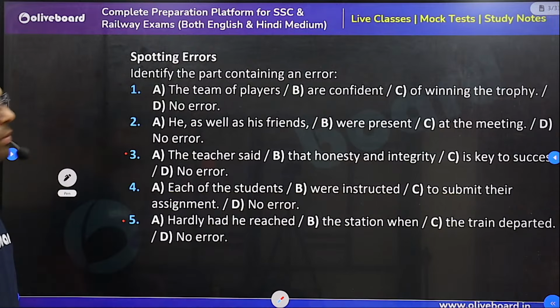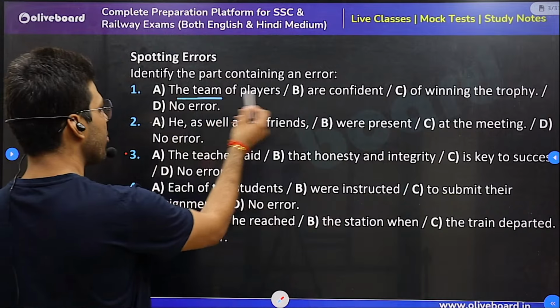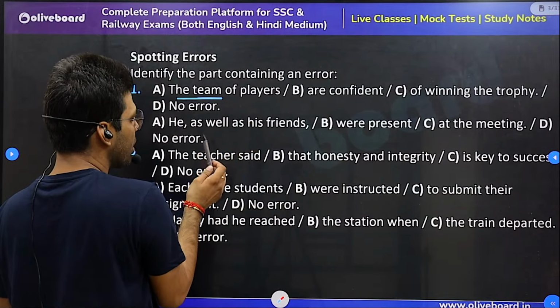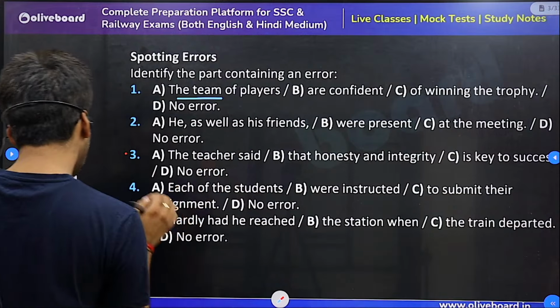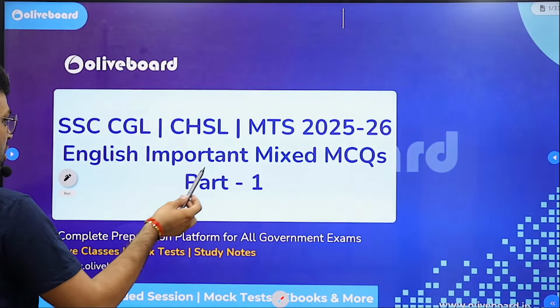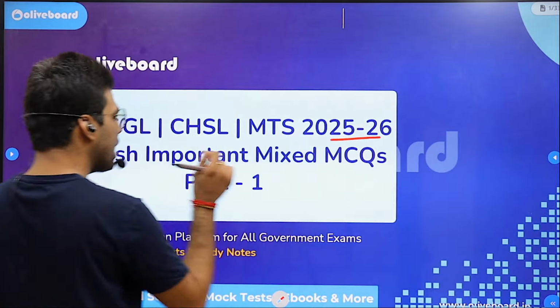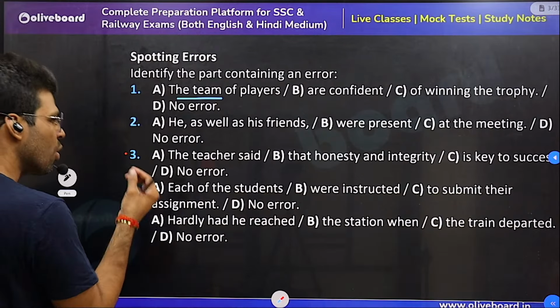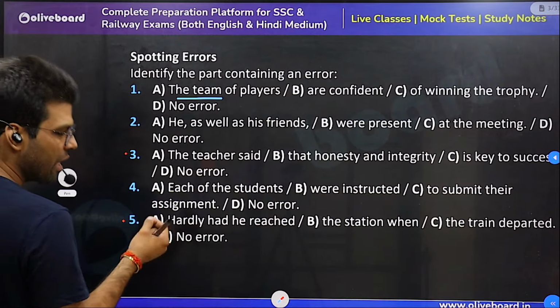Okay. See, the team of players, players is not the main subject here. If anybody is new and watching me here, remember I'm starting the foundation for 2026 also. So I'll be emphasizing the basics also. Don't assume the standard of the class is low.